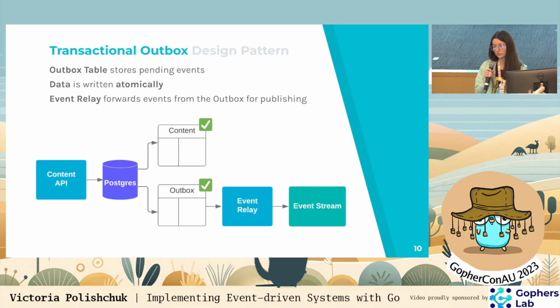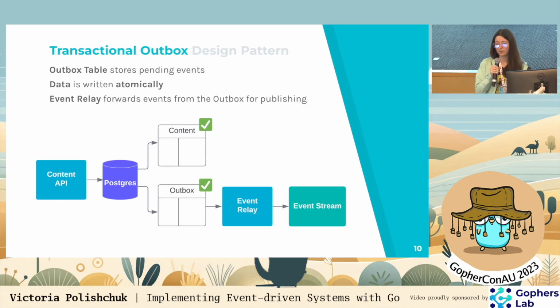You can use different databases. I believe CockroachDB actually provides functionality like this that's much easier to use. But in this example, we use Postgres, and we are going to add a new table, the outbox table, which will store events.